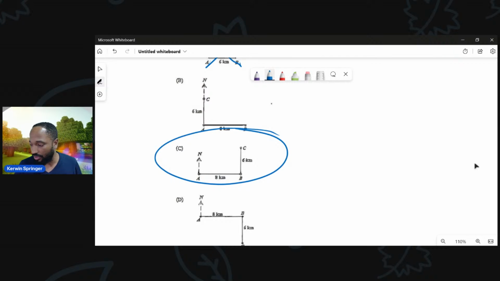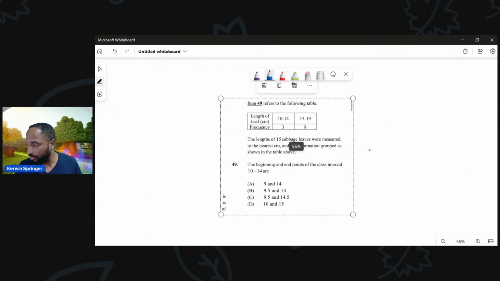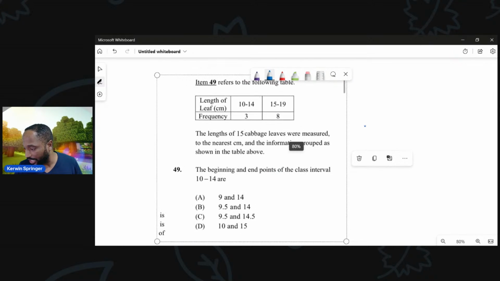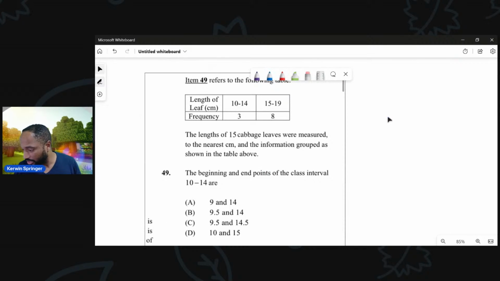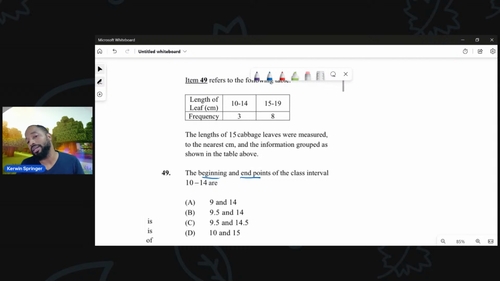All right, let you guys see what Princess has in mind. The beginning and end points of the class interval, 10 to 40. What? Excuse me. This is not really the proper terminology. Hear me out.